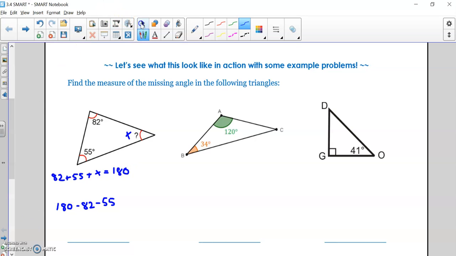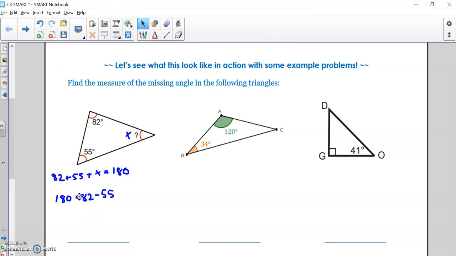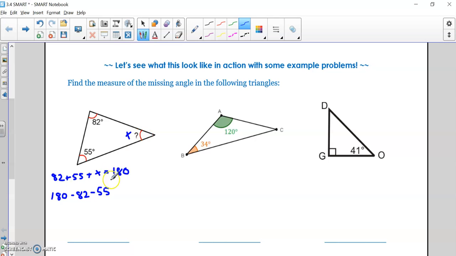And so what we can end up doing is saying, okay, well, 180 minus 82 minus 55 is how we can essentially solve for x. Okay, so when we actually do that, we are going to get an answer of 43. So our answer for our missing angle is 43 degrees.